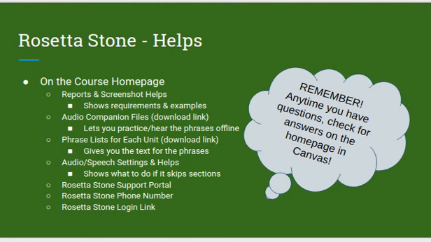There's also phrase lists for each unit that you can download so you can have notes on the text for all the phrases. There is also audio and speech settings and help, which can show you, like, if your Rosetta Stone is skipping a section, why that might be happening, or just in general how to set up your audio and microphone for doing Rosetta Stone.